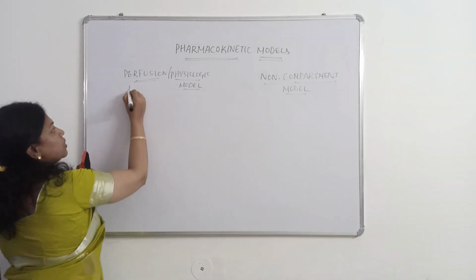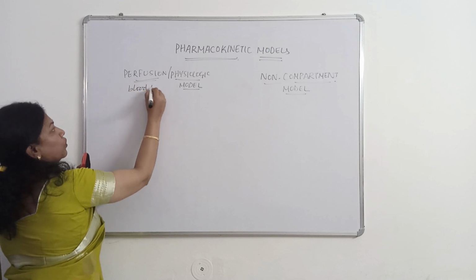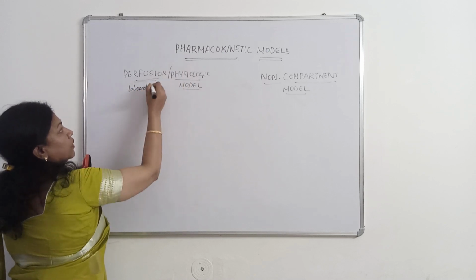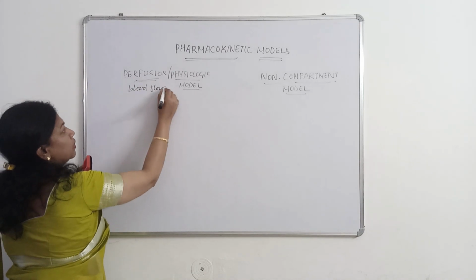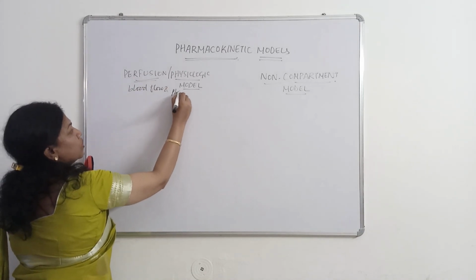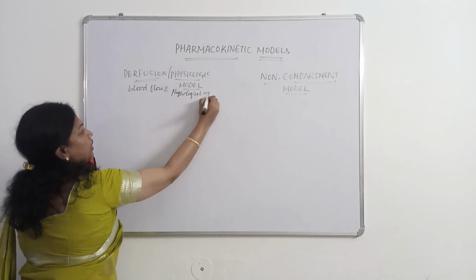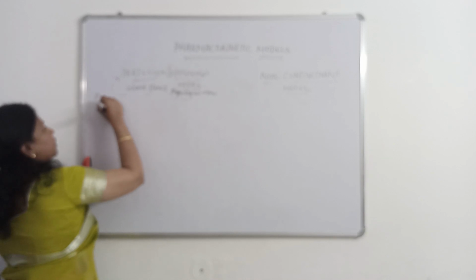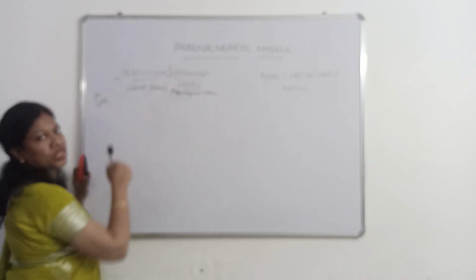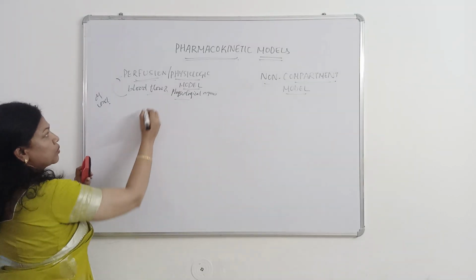Perfusion is generally known as blood flow, and this pharmacokinetic model depends upon the blood flow and the physiology, mainly the physiological organs. Depending upon these two, the drug concentration will be determined in this model.